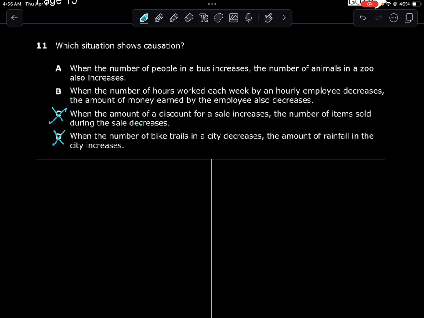That's possible, because you work fewer hours, you make less money. So that would probably be in, but let's read the top one just to see. When the number of people in a bus increases, the number of animals in the zoo also increases. That doesn't look like there is any relation. So the correct answer is B.